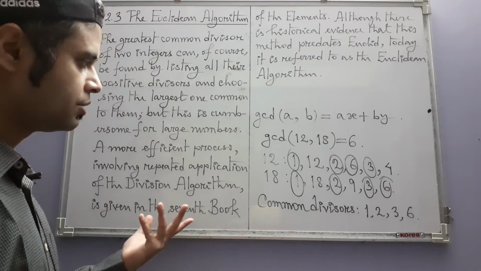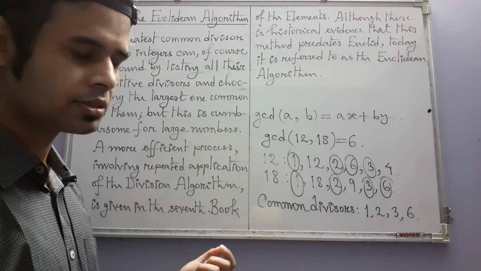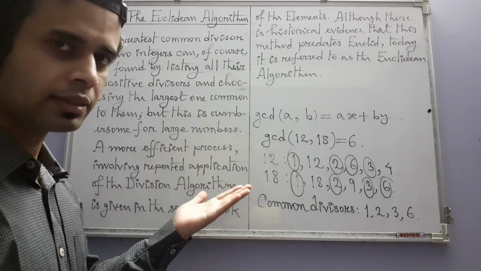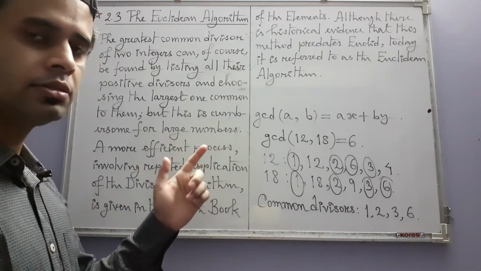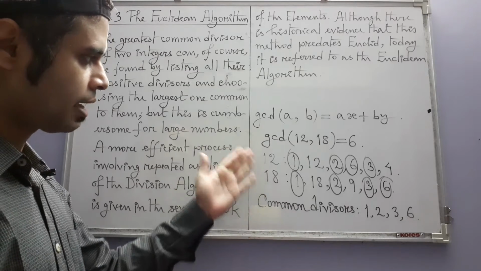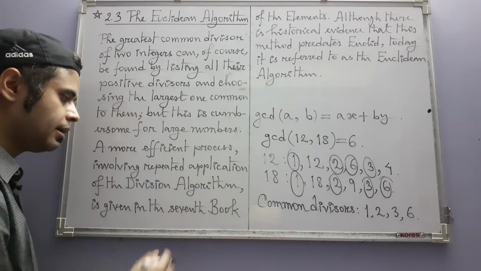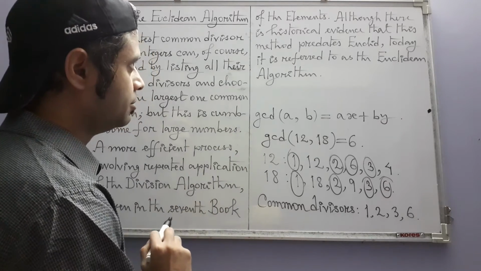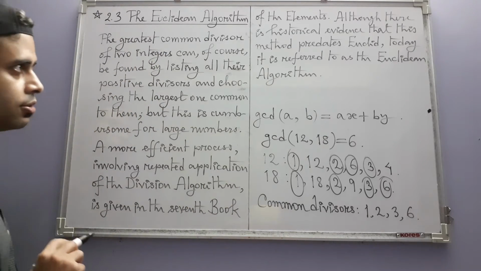algorithm, by which we know that when we are given two integers, at least one of which is non-zero, then you can divide by the non-zero integer that other integer to get a quotient and a remainder, so that the remainder is non-negative and is strictly less than the absolute value of the divisor. So that thing we can again and again apply repeatedly to ultimately get the GCD, and this process is known as the Euclidean algorithm.